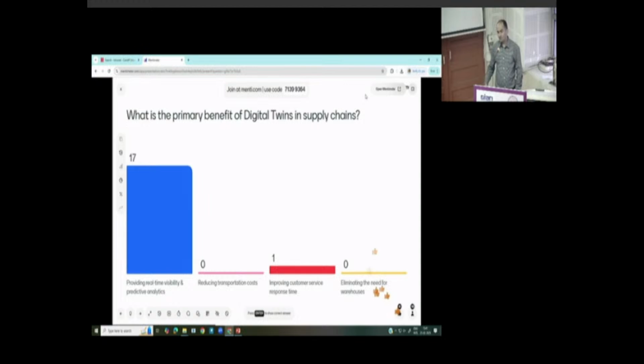Because in digital twin, we have all three kinds of analytics: descriptive analytics, predictive analytics, and prescriptive analytics. So basically, we collect the data from the physical system, we develop the virtual model, and the physical model communicates with the virtual model. Then the virtual model gives signals to the physical system.